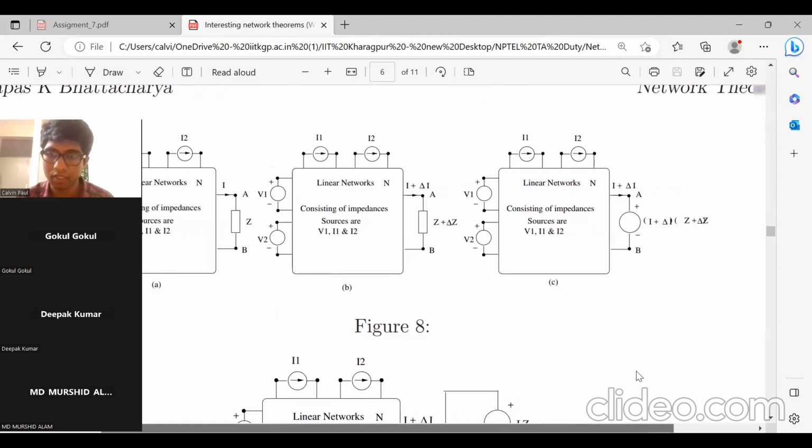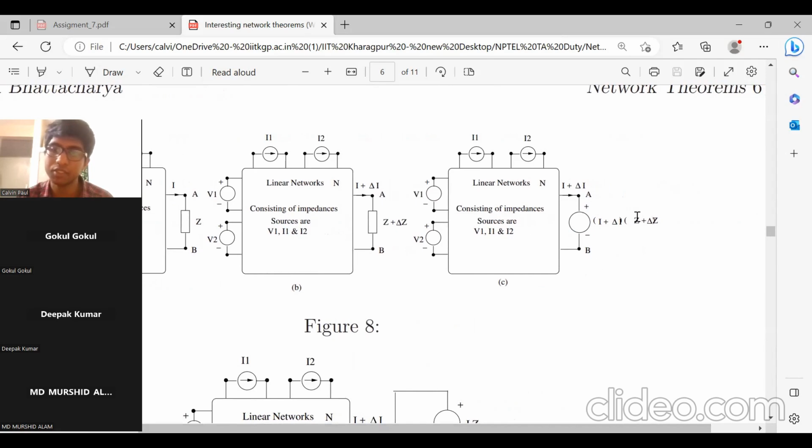Then we apply the substitution theorem. Do you know what the substitution theorem is? Substitute. Substitute what? I remember. If I tell you, you will remember.